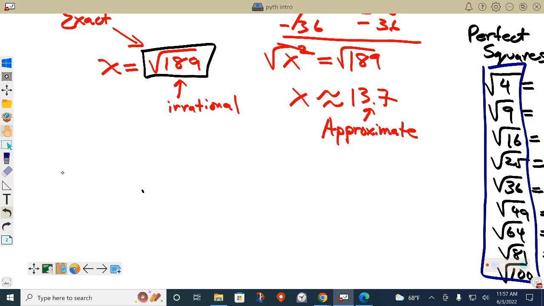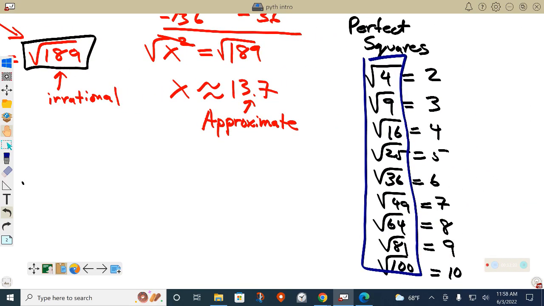See that square root of 189? We're going to simplify right now, but we need to write down our list of perfect squares. So do that for me. All right. Now, why do we do that? What's the point of listing our perfect squares? Here's the point.